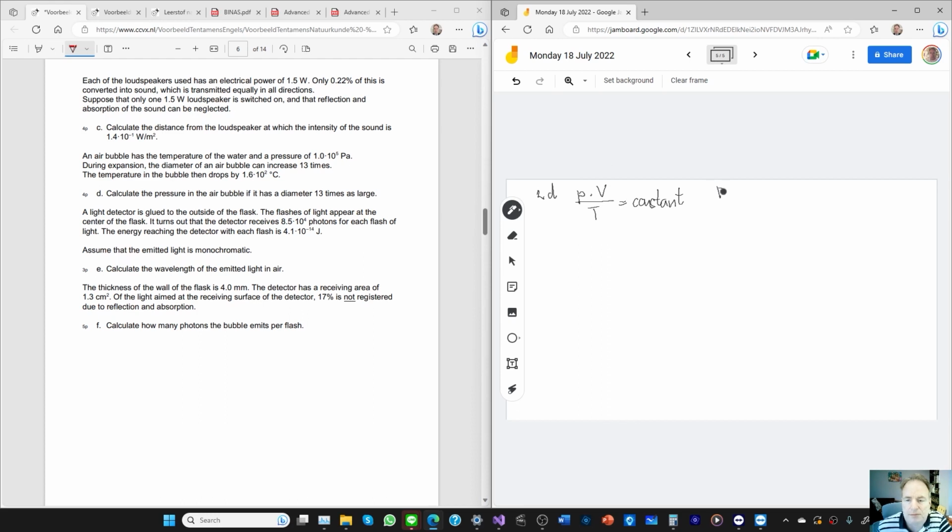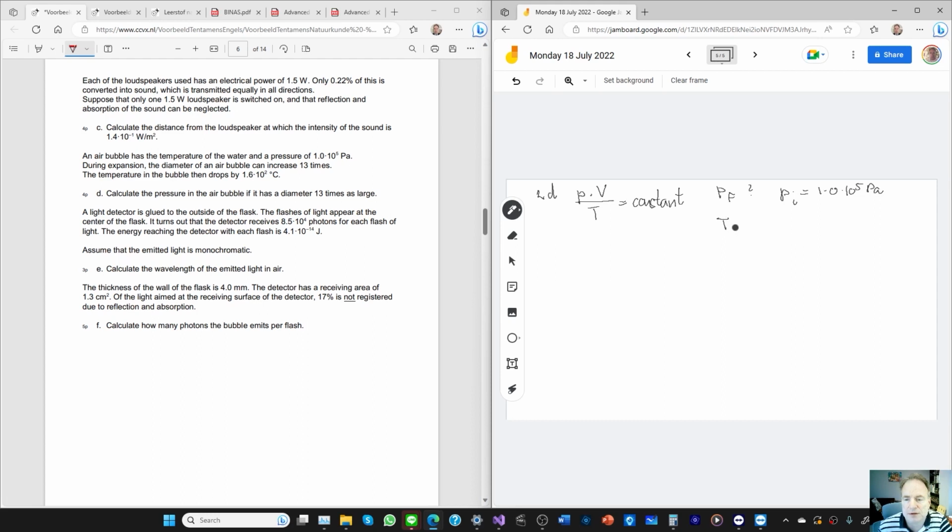So the pressure will change, and that is actually being asked. Say the P final is the question mark. The P initial is 1.0 times 10 to the power 5 Pascal.